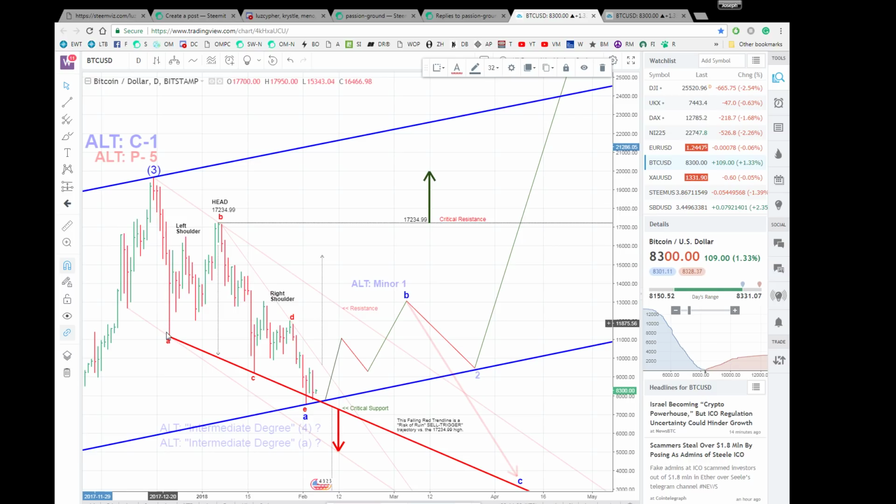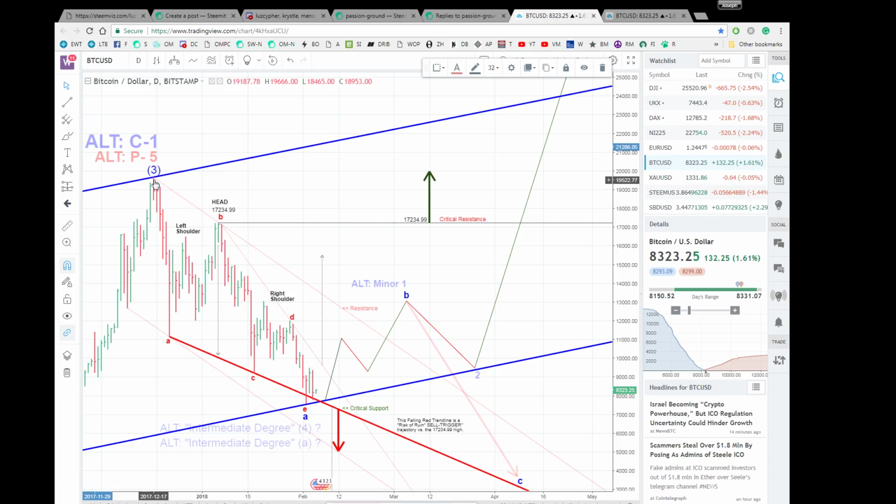Classic 5-wave overlapping decline here. 5 waves, A, B, C, D, and E. That's a huge 60% decline in those 5 waves right there, folks. Let me tell you, that's huge. It doesn't look like much here, but that's 60% of the entire value that Bitcoin was near 20,000. It's a huge move down.